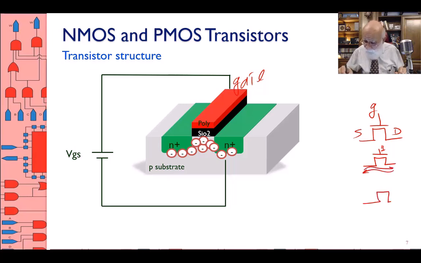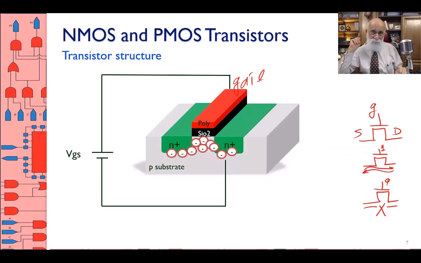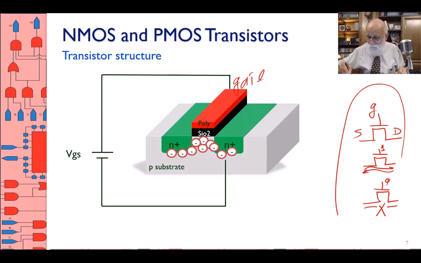When I have a 0 here, the transistor does not conduct. Okay? What I just said is, again, I am modeling. I'm talking about the model of the transistor. This is the model. Okay?